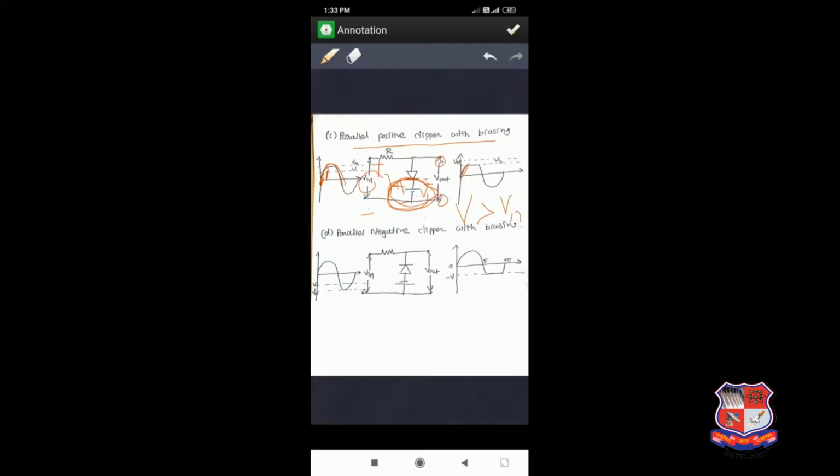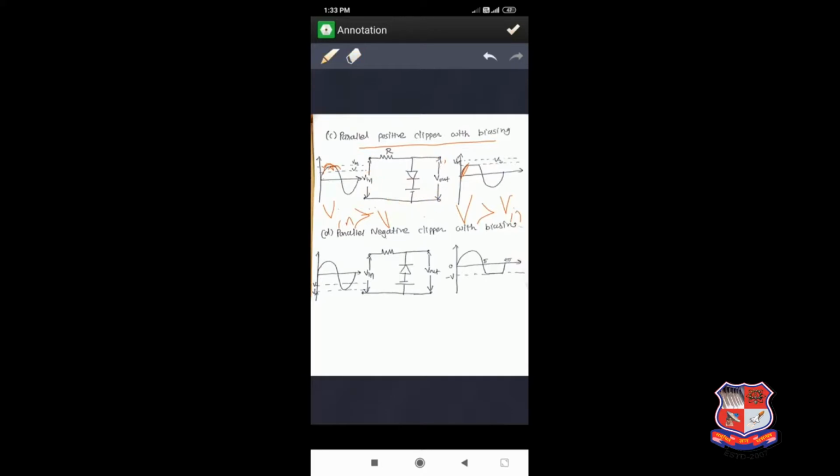Now the input voltage is increased, and Vin is greater than V, the input voltage is greater than the battery voltage.